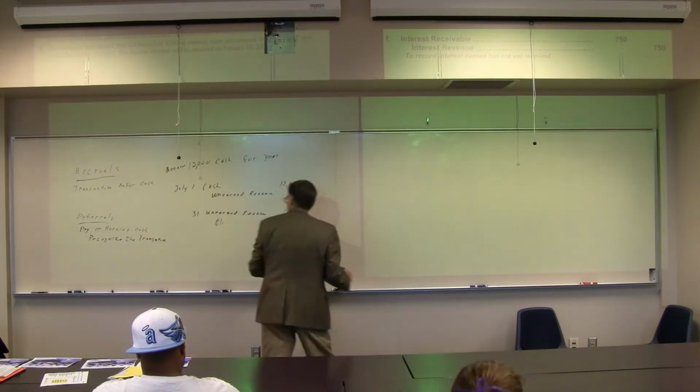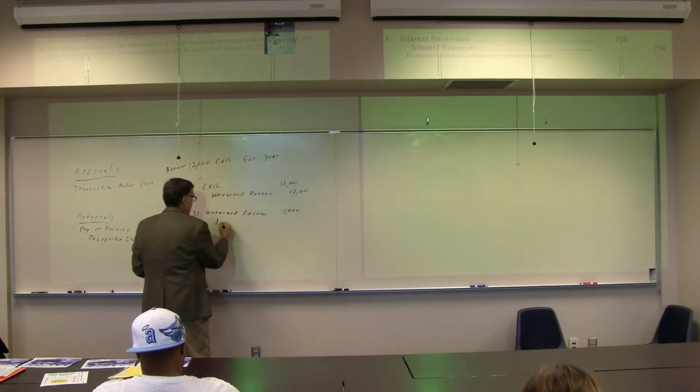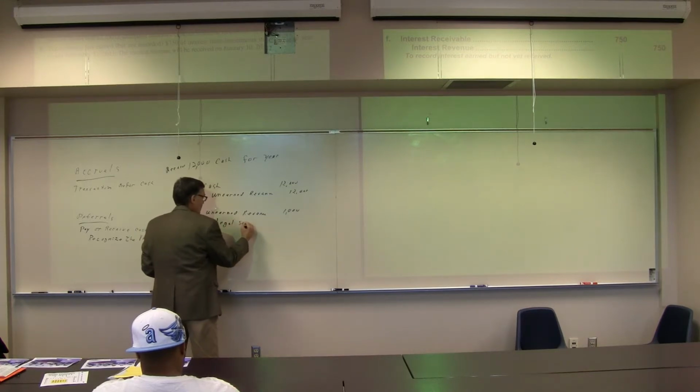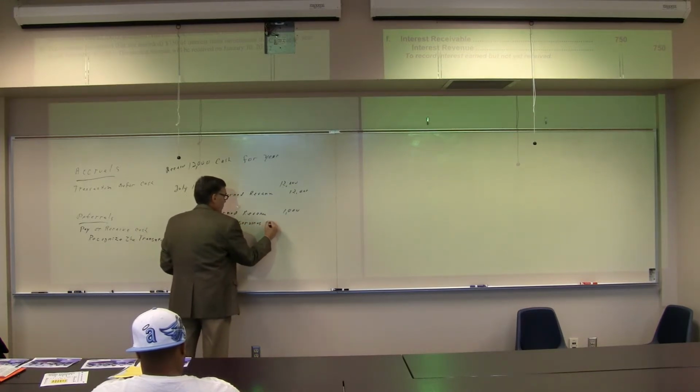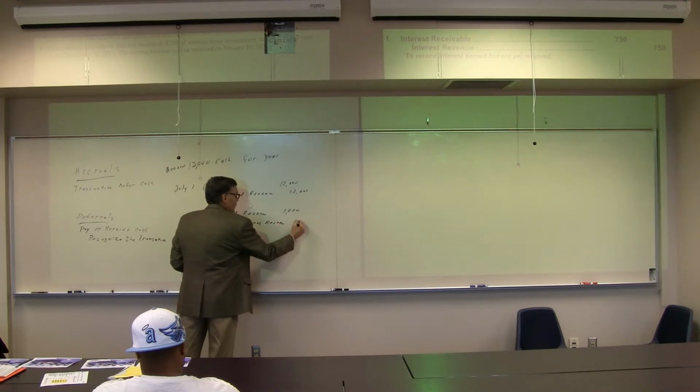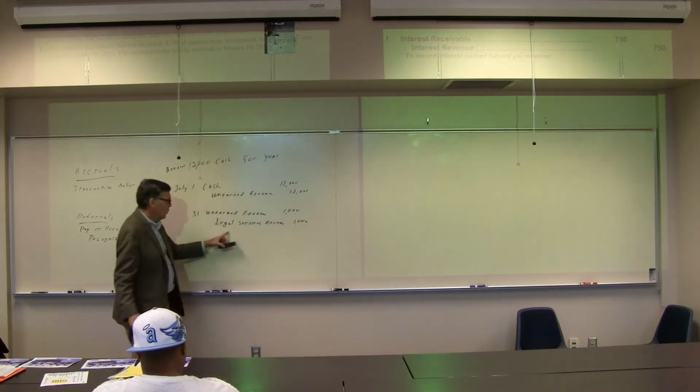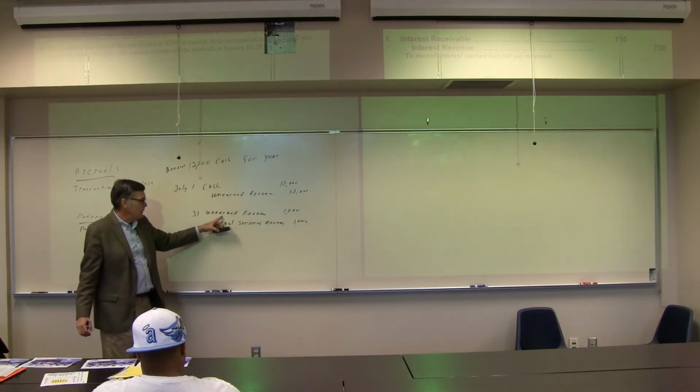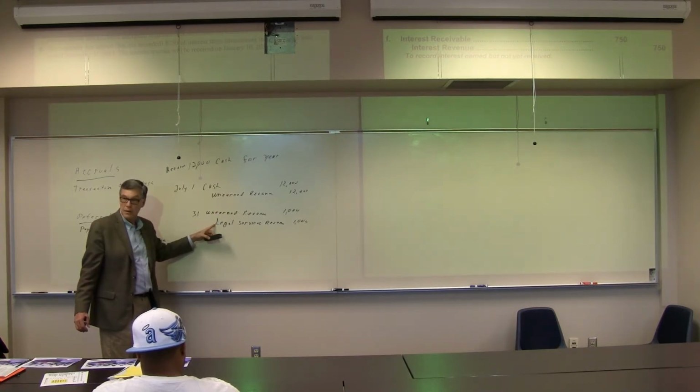Legal services revenue is a good name, for $1,000. So here you received the prepayment, here you earned it, here you incurred a liability, here you lessened your liability, and you're converting this liability into a revenue. That sound about right? Everybody doing good on that?